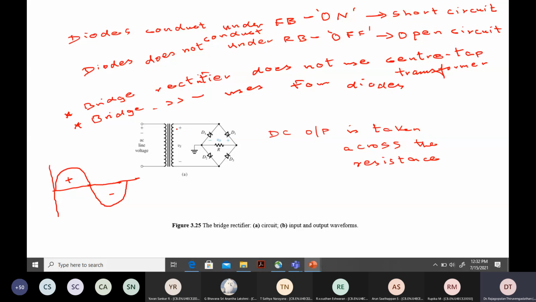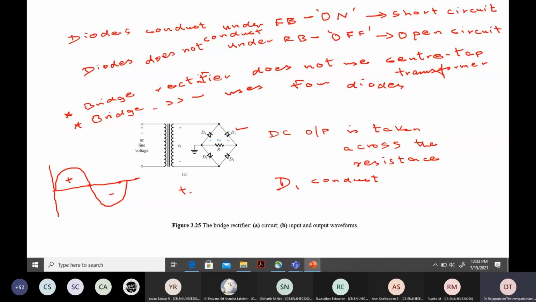And when this is positive, which of these 4 diodes are under forward bias? Only those diodes under forward bias will conduct. If this terminal is positive, this positive voltage is felt by the cathode of diode 4 and felt by the anode of diode 1. So diode 1, D1, conducts surely.